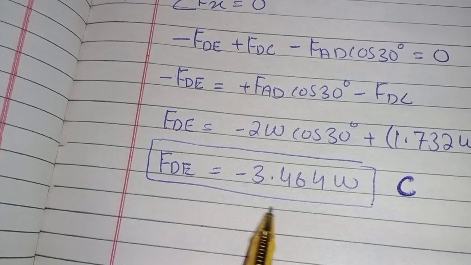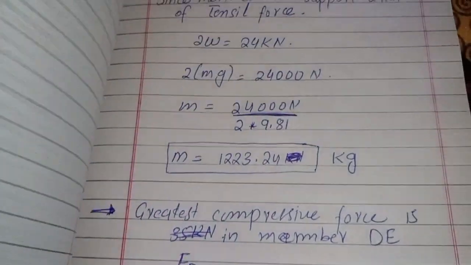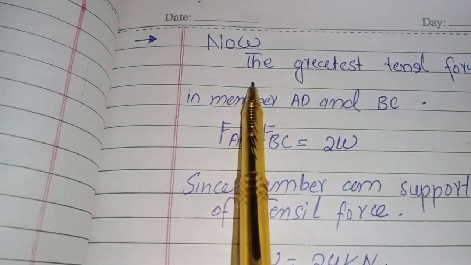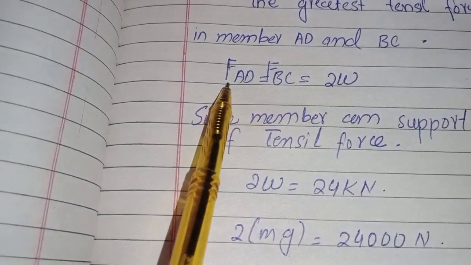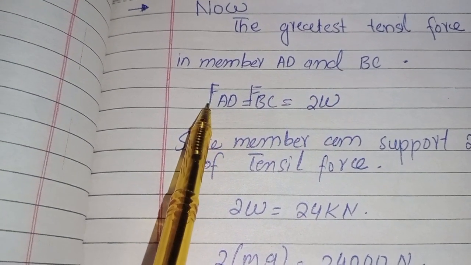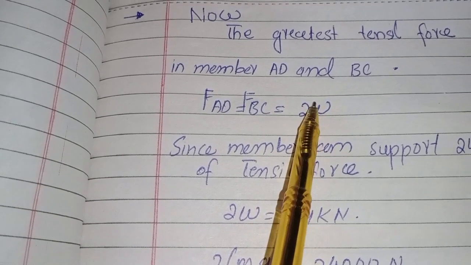And the negative sign shows that it is in compression. This force is in compression. Now the greatest force in member AD and BC, both are equal, is 2W.